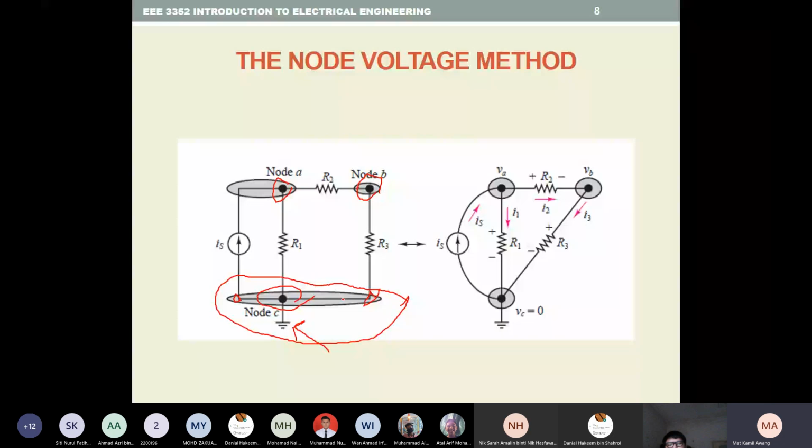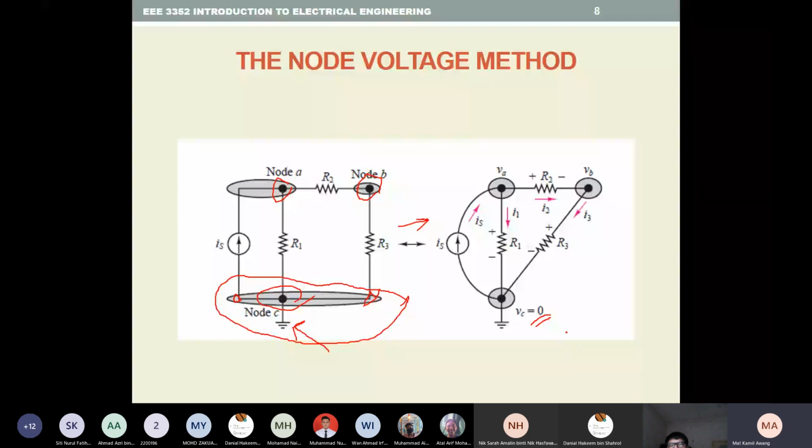It's just a wire. So these circuits actually can be redrawn as this. Then you can see clearly this is one node, this is one node, this is one node. So this one assigned as a ground, so automatically it is 0. A ground, the value is 0.